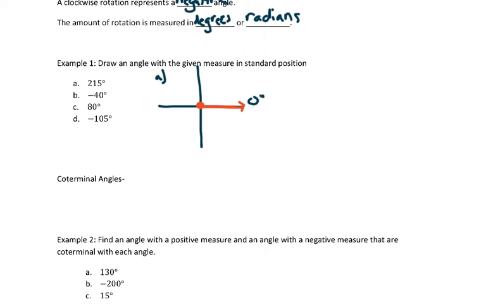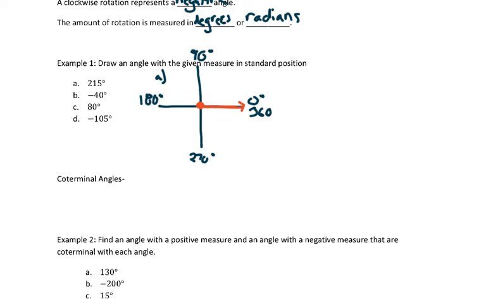If I went straight up to the positive y-axis, this would be 90 degrees. If I measured it all the way to the negative x-axis, like half a circle, this would be 180 degrees. If I go past 180 and go straight down, this would be 270 degrees. And if I go all the way around, it's the same line as 0 degrees, but now it's 360 degrees.